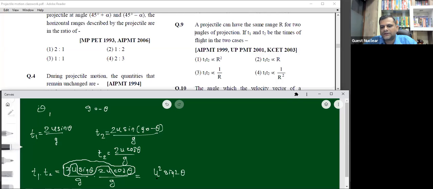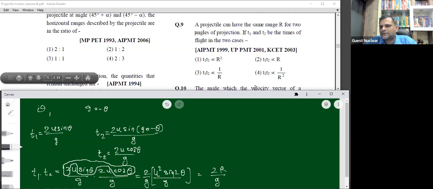Correct है? And that is to be divided by g as it is, and what we are left with is 2 and g extra, and this is nothing but, we know, the formula for r, that is the range of projectile. So we can conclude that this will be actually 2r by g, which is already there in this option 2.